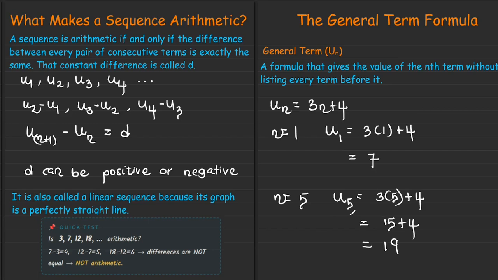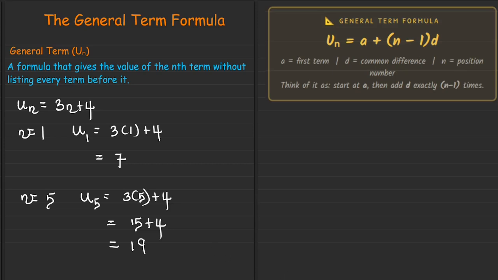So there's a general formula we use to get this general term, and that is what we want to talk about. The general term formula is written as Un, that is the general term, is equal to a plus (n minus 1) times d.